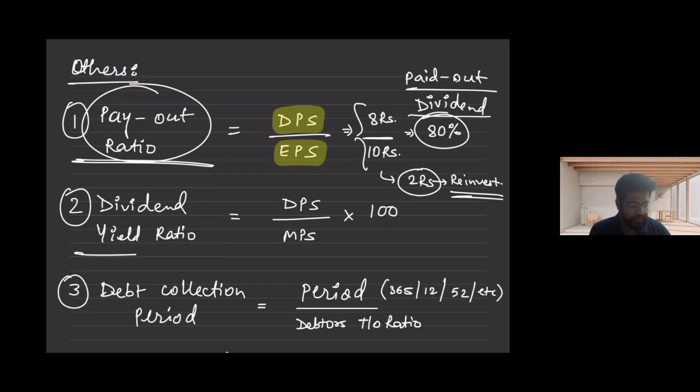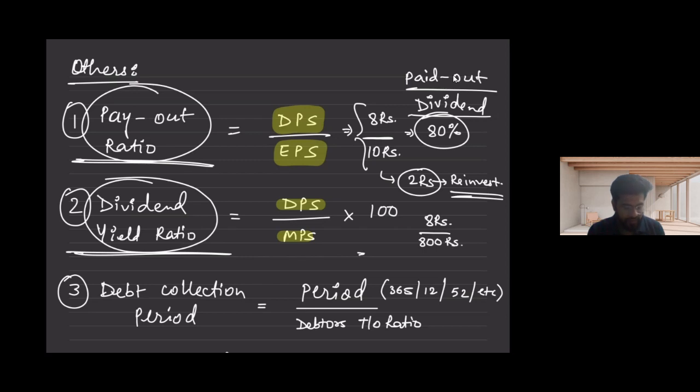And we have one more ratio that is called dividend yield ratio, that compares the dividend per share with the market price per share. Let's say the dividend is declared as 8 rupees and the market price is, let's say, 800 rupees of the company.